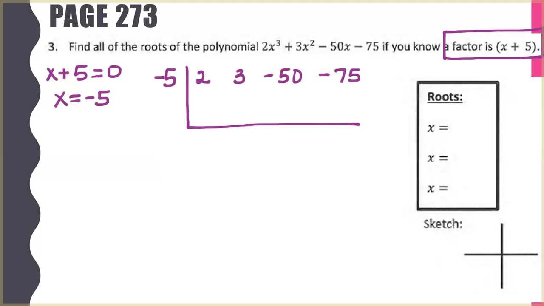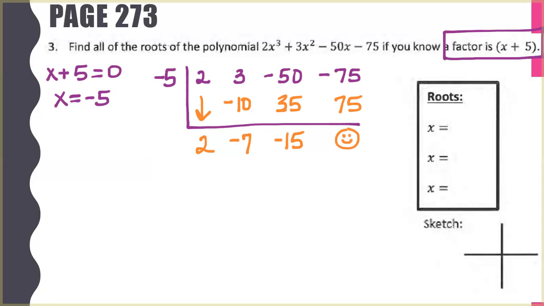So when you do synthetic, you just bring down the first number. You never multiply the first number, but then you start to multiply. So I'm going to take 2 times -5, put that under the 3. Then I'm adding, and I get -7. -7 times -5 is +35. Then I'm adding, and I get -15. -15 times -5 is +75, which again gives me my 0.